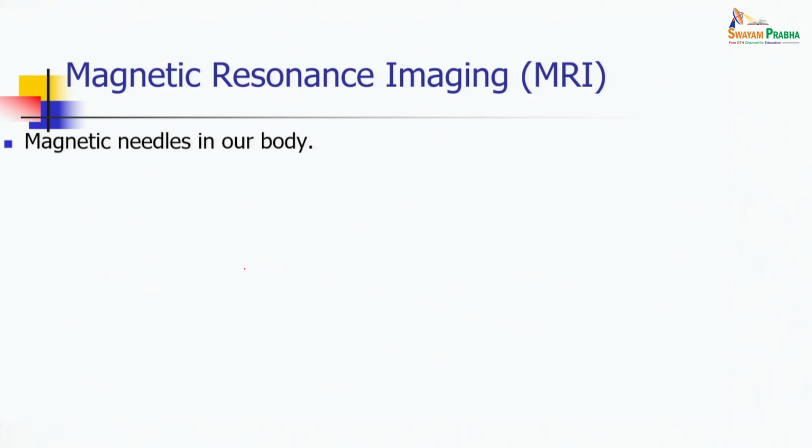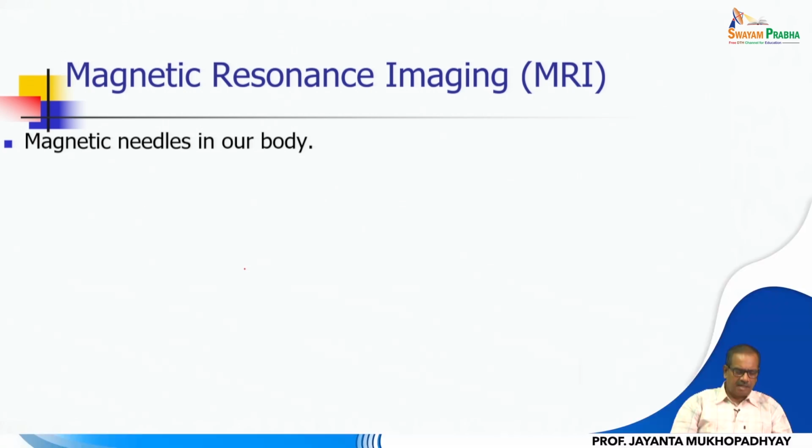Now that was functional imaging, and using emission tomography we can get images. Next, the kind of tomographic scan we will be discussing is called magnetic resonance imaging. In this case we don't reconstruct the images from projected values in the same way. Rather, we sense the magnetic behavior of tissues.